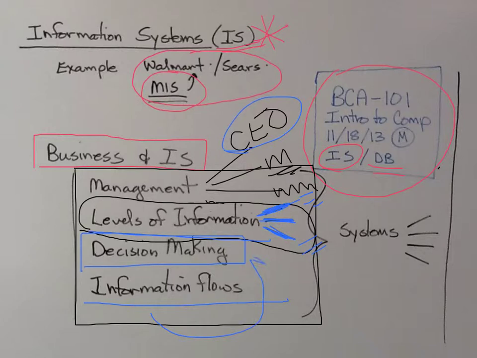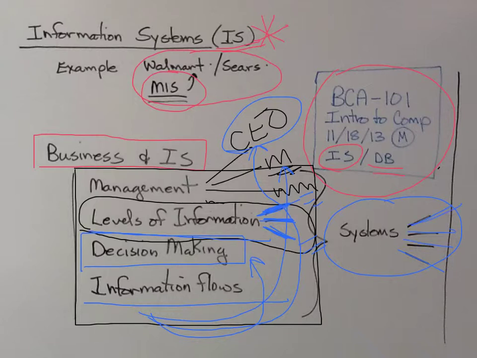So how does the information flow from the database to different levels of management? And we're going to talk about more specifics of that on Wednesday. There are different systems, transaction processing, decision support systems, and so forth.